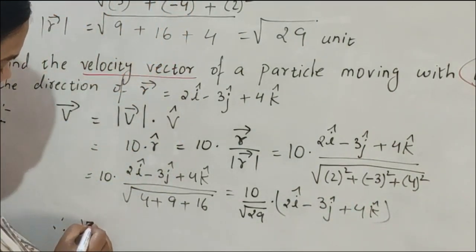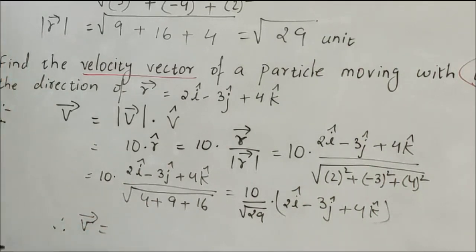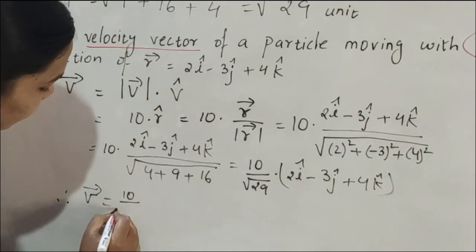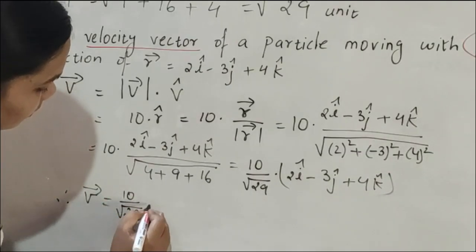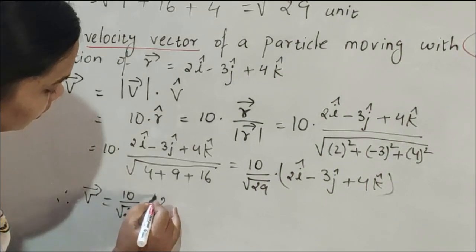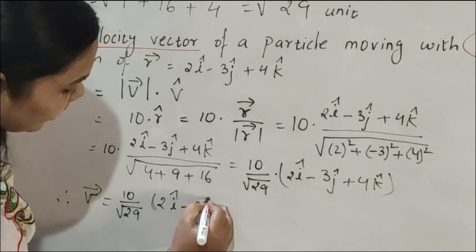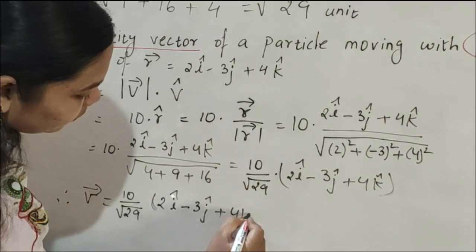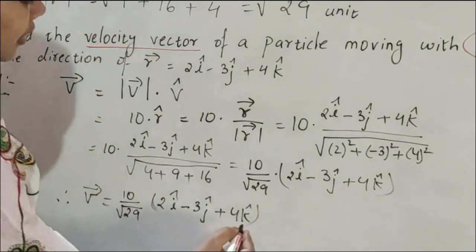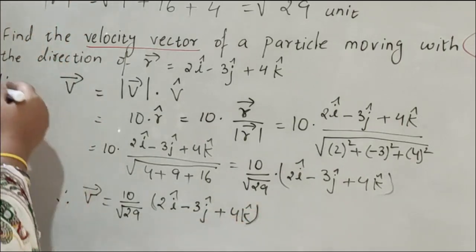Therefore, velocity vector v vector equals 10 by root 29 into 2i cap minus 3j cap plus 4k cap. Clear children? Understood the question?